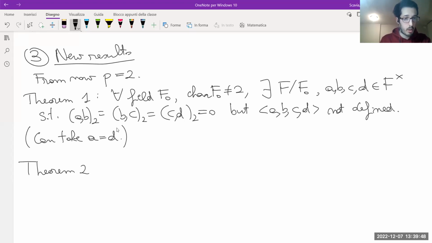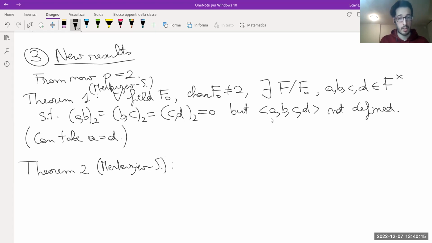Then Theorem 2. We attack the smallest open case of the Massey vanishing conjecture. What is the smallest case?